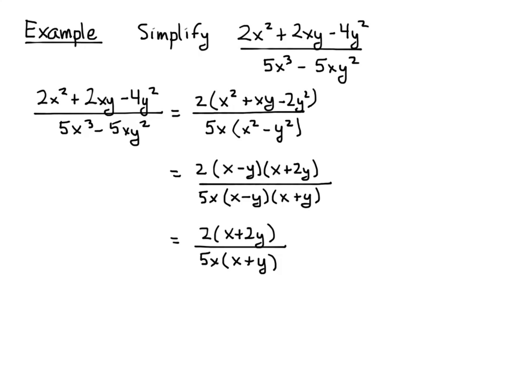So we've ended up with this expression, and we still have the implied domain restrictions of x does not equal negative y and x does not equal 0, but since x minus y can't be 0, we can write it like this, or we can write it like this. Both of them say the same thing, where x can't be y, because if x and y are equal, then we have division by 0, and of course that can't happen.